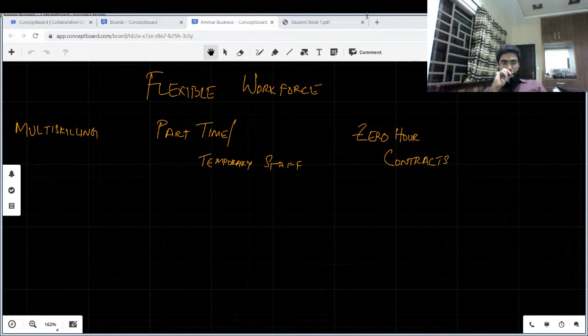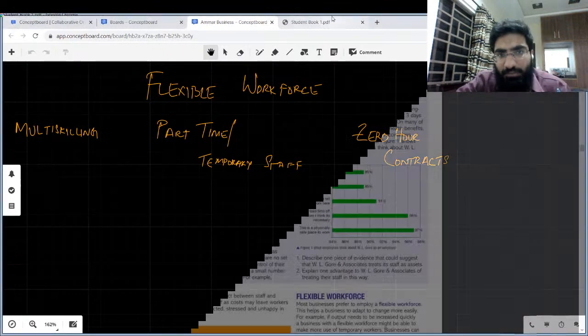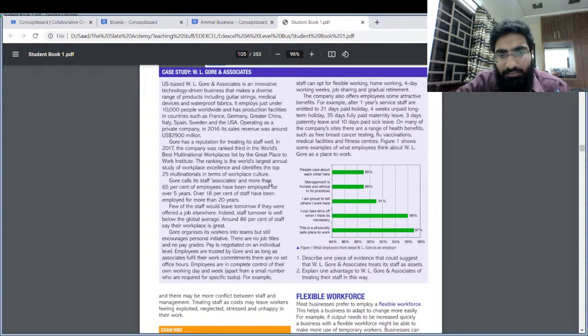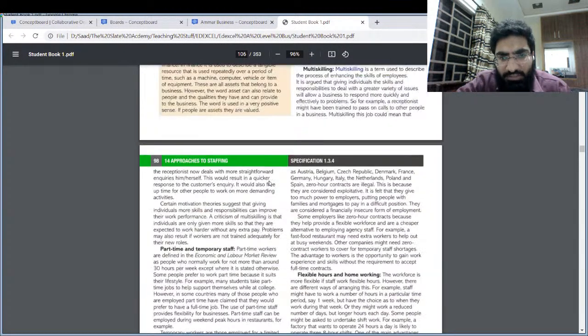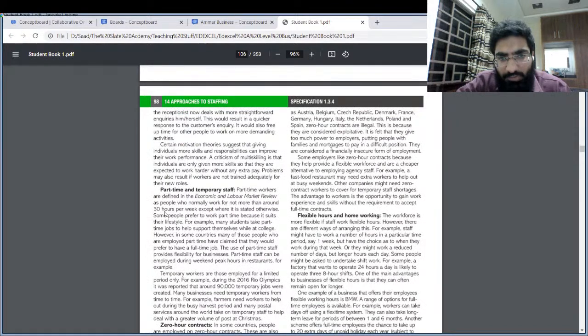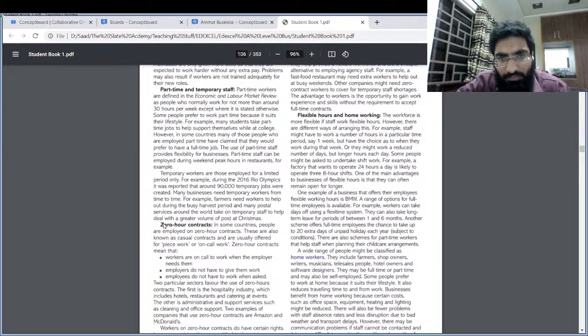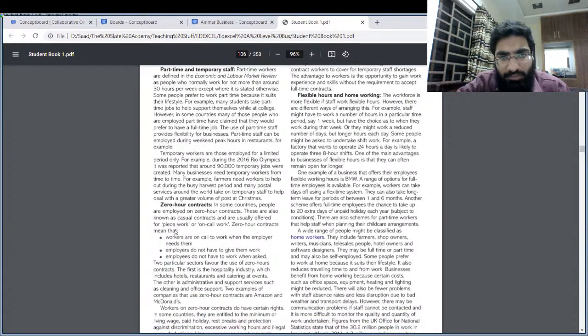This zero hour contract thing is a bit different from the other things you might study later on, but for this zero hour contract part, if you could quickly give it a read, from the start of zero hour contracts on page 106 of the PDF to flexible hours, up till this point.